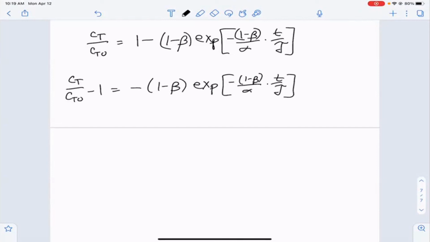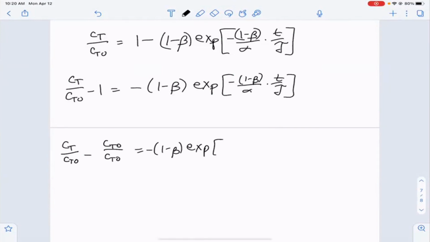And the reason that I did that is because I really want to incorporate the CT0 into here. So I'm actually going to write the 1 as just CT0 over CT0. And that equals minus 1 minus beta times the exponent of minus 1 minus beta over alpha times T over tau.